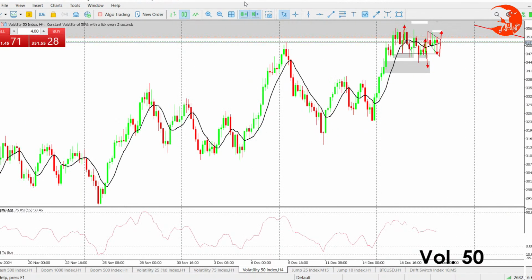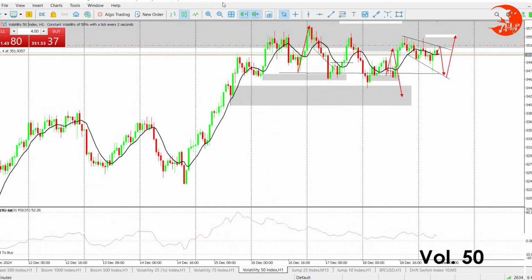So for now I will be doing the range trading just like that and take advantage of it. Yes, so the sale is on and we are in profits already. Those who have entered, congrats. Those who haven't, let's wait for the retest.